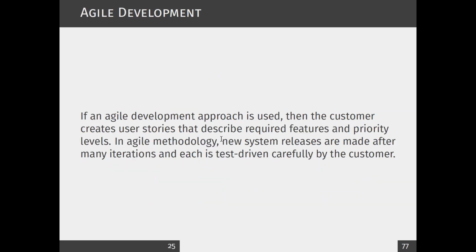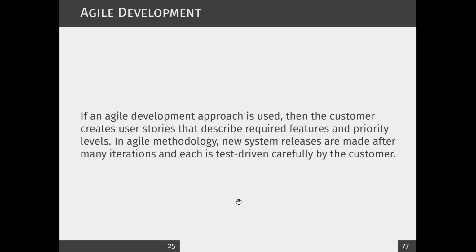Okay, in case you're using agile development, customers create what we call user stories. These user stories describe a particular feature, with some priority level as well. The new systems are released after many iterations, and usually it is test driven.